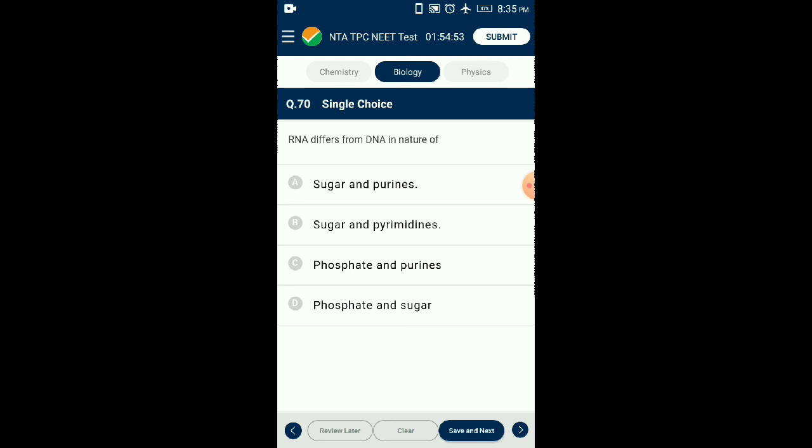Both are 5 carbon sugars only. The RNA is composed of adenine, guanine, uracil, and cytosine. Uracil and cytosine are pyrimidines, but in DNA, instead of uracil, thymine is present as pyrimidines. So the answer for this question is option B, sugar and pyrimidines.